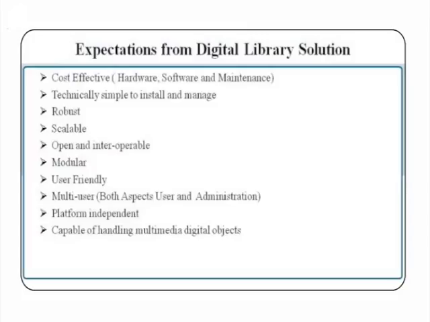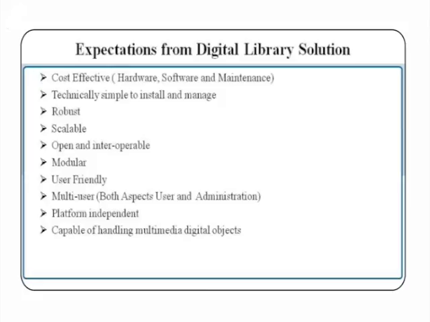For a proper digital library solution, primarily it is expected that it should be cost-effective in terms of hardware and software platform to be procured and management thereafter. The digital library software is also expected to be technically simple, easy to install and manage, so that a layman with working knowledge of information technology can install and administer the same.